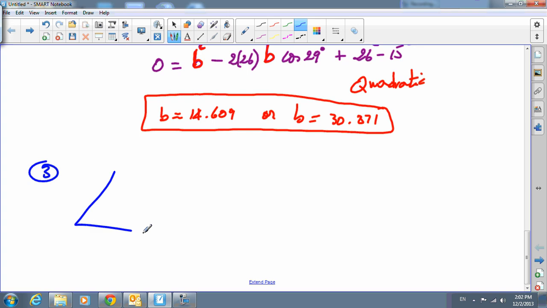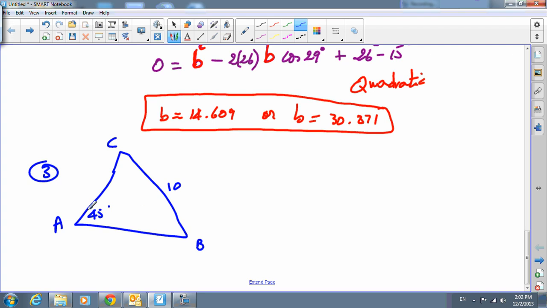Example 3, I start again with a triangle, a random triangle, where I have 45 degrees here. I will call this A, I will call this C, and this is B. I'll give this 10, and I have a side here. You could use the law of sine here.